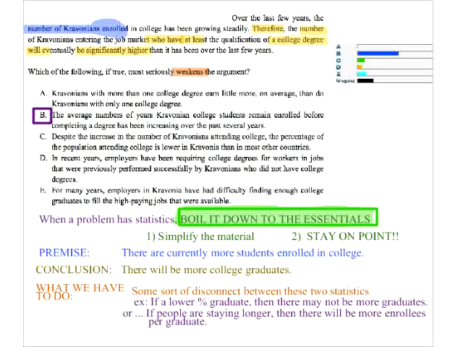Any questions about this? Okay, again, there's a lot of words. When there are a lot of words, the challenge is to not go crazy and become distracted.